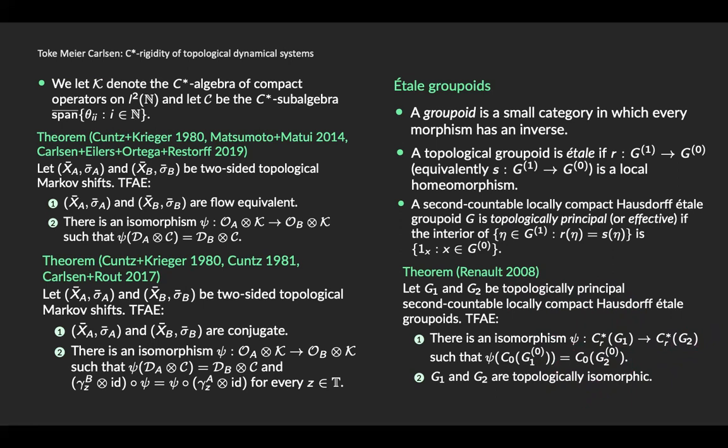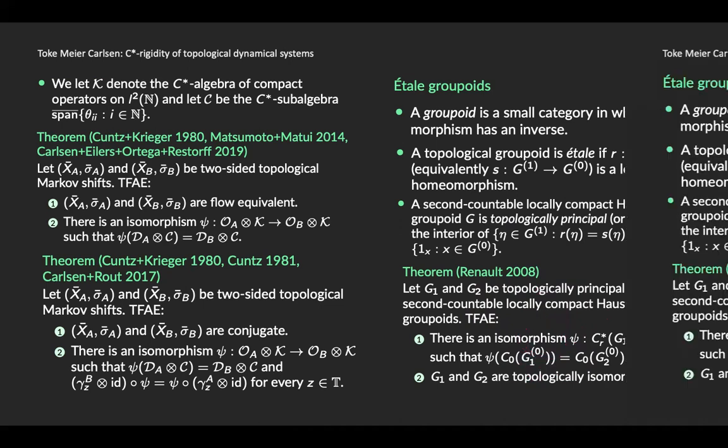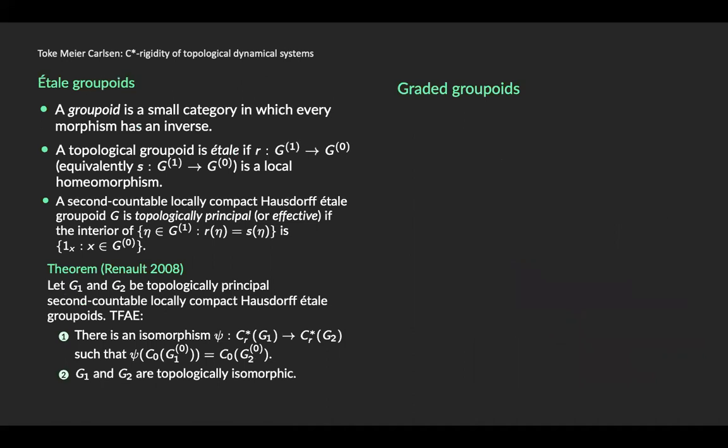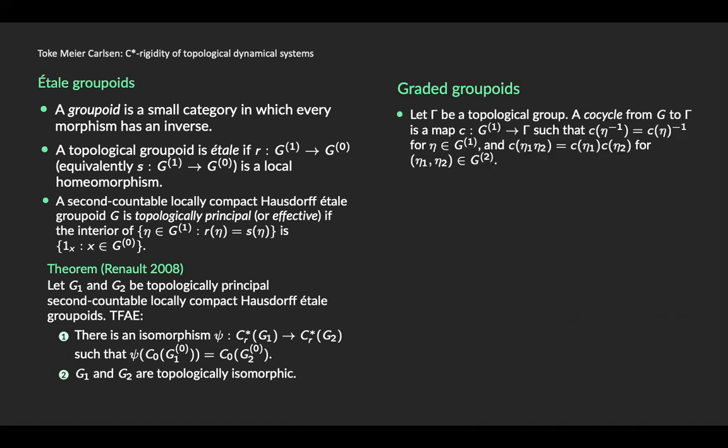But building on work I did with Brownell and Whittaker, Ruiz, Sims, Thomsen and I were able to modify this construction of the Weyl groupoid such that one can recover groupoids that are not necessarily topologically principal. In addition to that, we also generalized Renault's construction by allowing the groupoids to be graded.